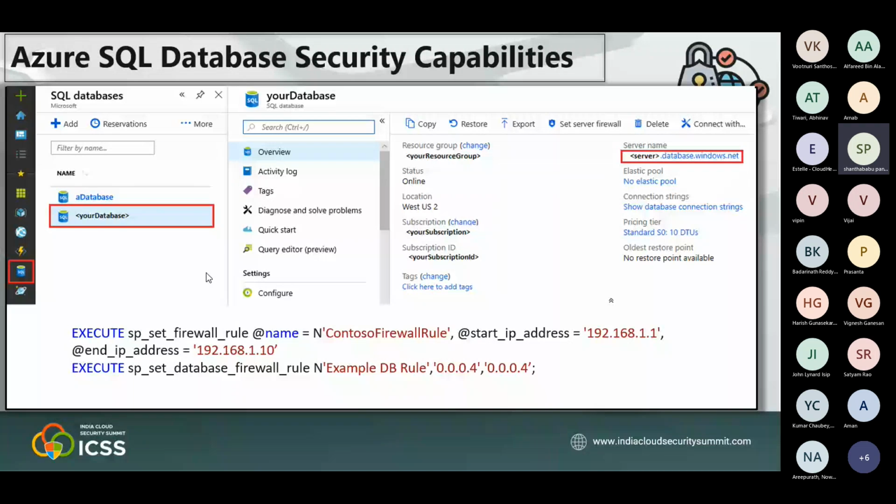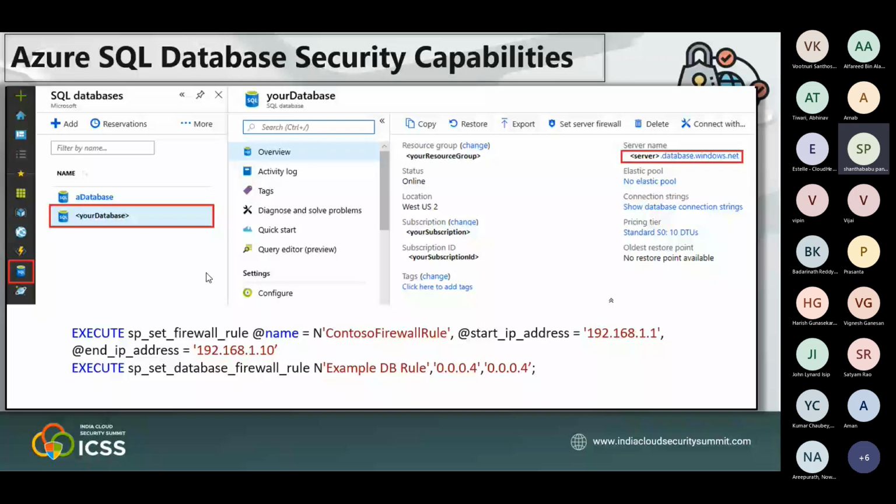That way we can do it, or else we can execute this specific sp_set_firewall_rule for the specific set of people, with the IP address starting from a start address to an end address. And the same way for the database level, we can execute the same set of things with the respective set of people. So setting up security at the network level is a very important, highly secure one.